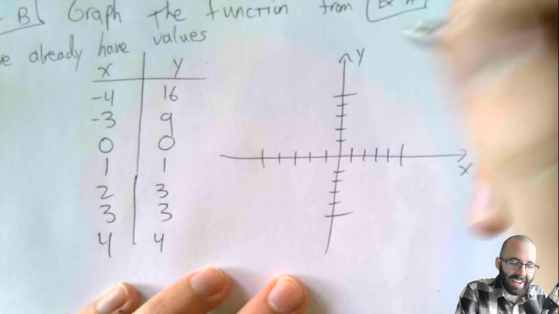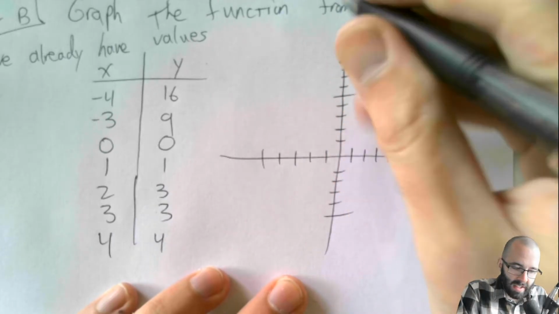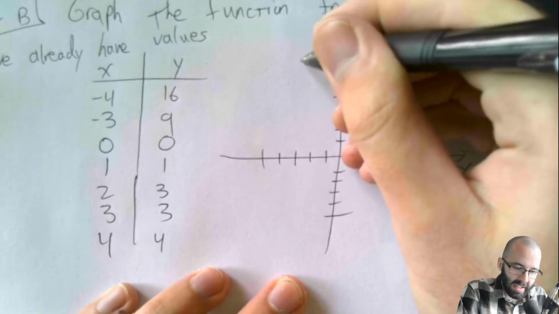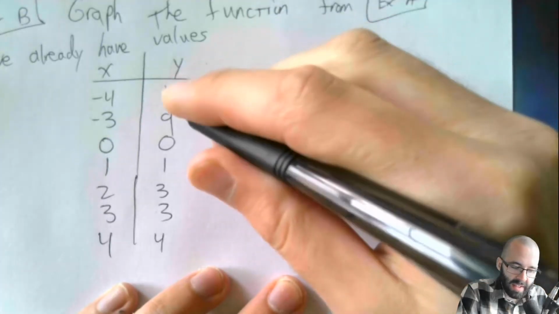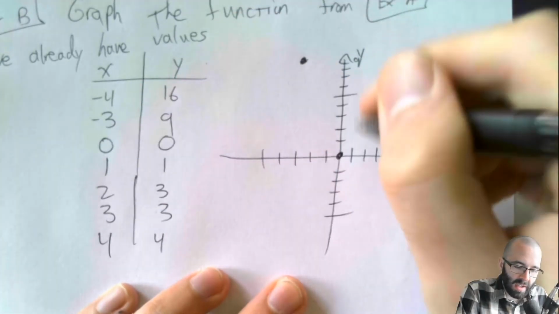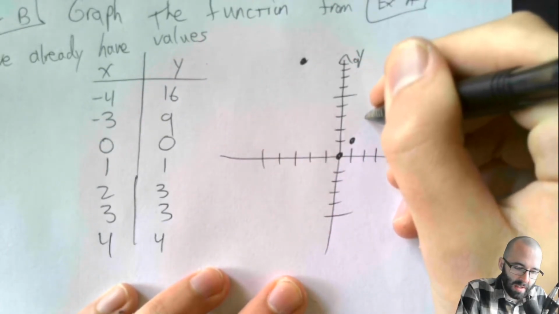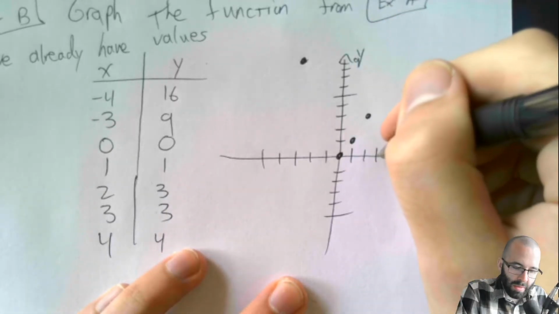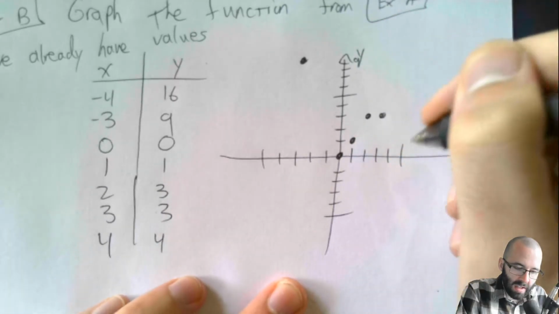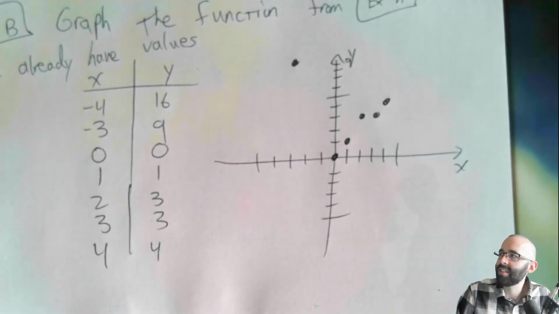All right, negative 3, 9. You can plot that. 0, 0. 1, 1. 2, 3. 3, 3. 4, 4.